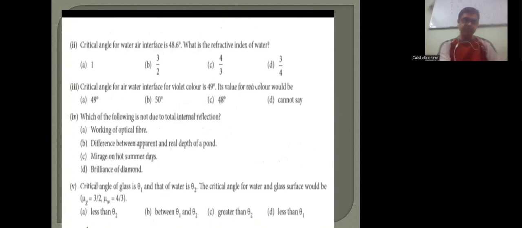Now come to the fifth one. Critical angle of glass is theta 1 and that of water is theta 2. The critical angle of water and glass surface would be, given glass refractive index is 3 by 2 and water refractive index is 4 by 3.